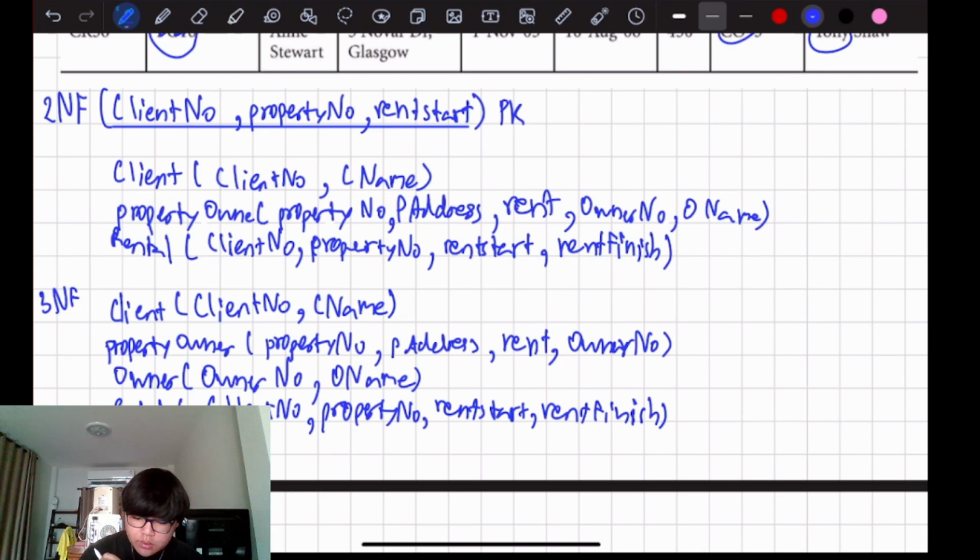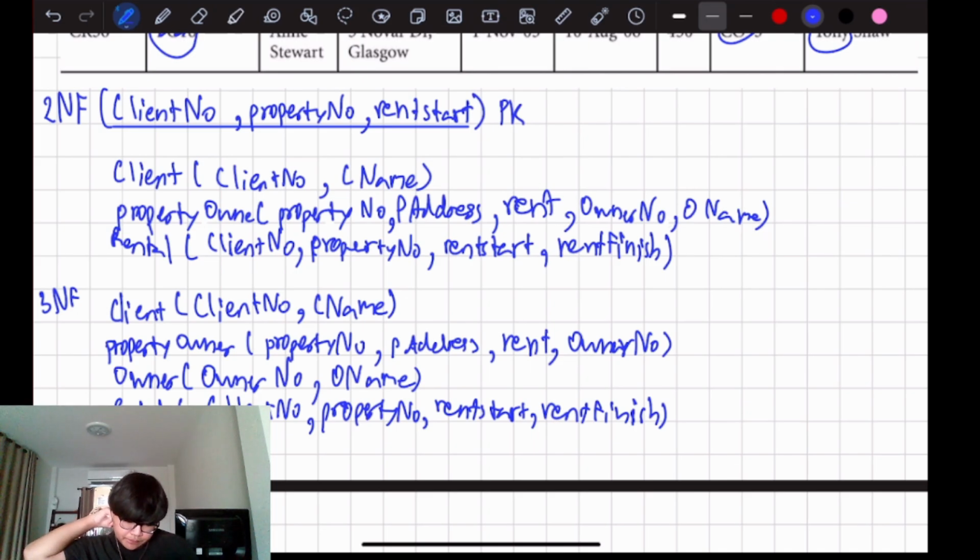But client number is not a primary key. Client number needs to be together with property number, and that client number together is a primary key. But only client number is not a primary key. So client number is not a foreign key. Next is property number. In property owner and rental, it is not a foreign key too, because property number is not a primary key.